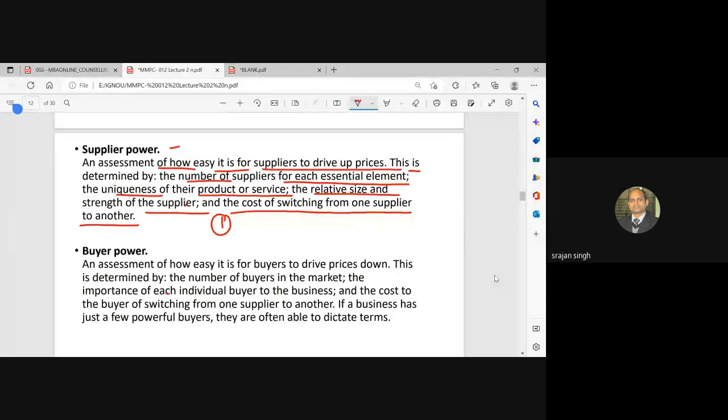Next is buyer power, or the buyer's bargaining power. An assessment of how easy it is for buyers to drive prices down. See, suppliers will raise prices, whereas buyers will try to drive prices down. So it is a double-edged sword for a business, because suppliers on one hand always try to increase the price.